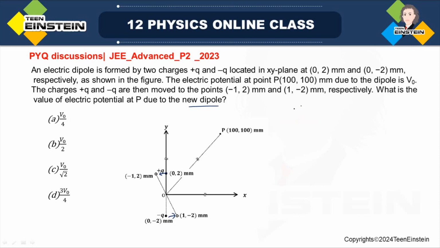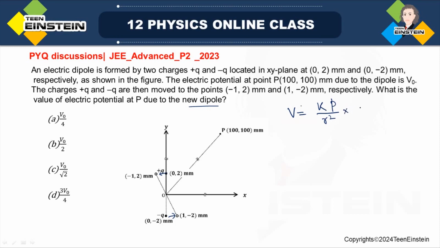The potential produced by a dipole is given as K, that is the constant 1/4πε0, P is the magnitude of the dipole moment, divided by R square, that is the square of the magnitude of the position vector from the dipole to that particular point where we are calculating the potential.